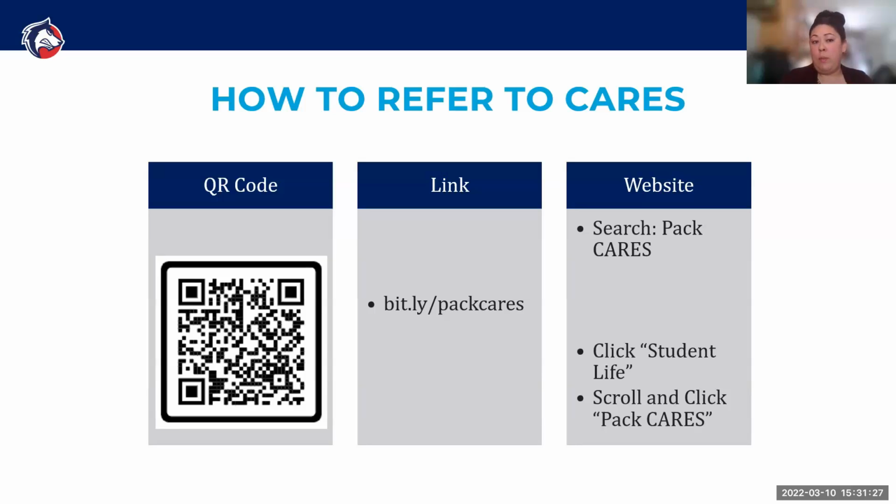And the web page actually was updated, and I noticed this yesterday, that instead of clicking student life and then scrolling and clicking PatCares, you could actually hover at the top of the page on campus life. And then PatCares is listed under student services, as is student conduct and community standards and the Wolfpack Counseling Center. So you can find all three of these resources under that student services link.